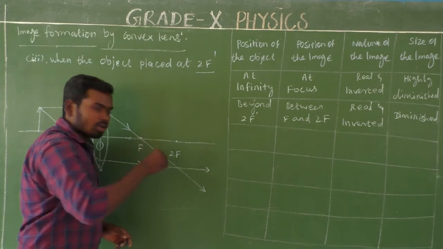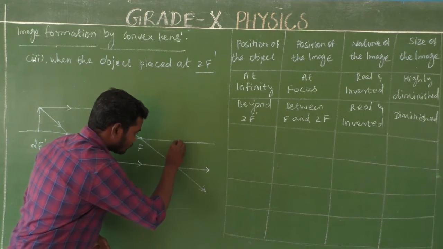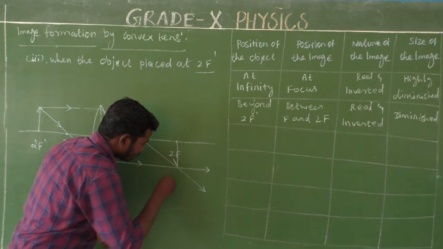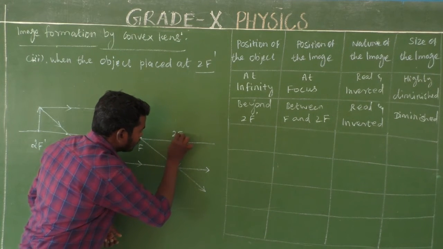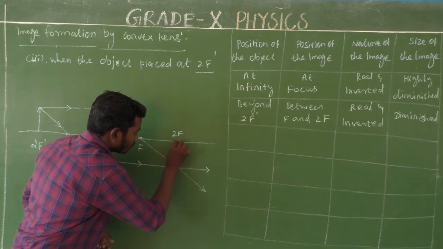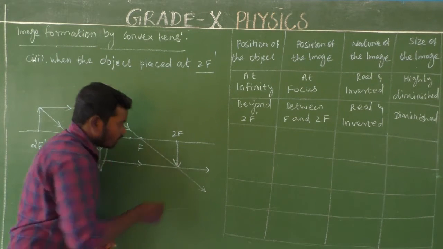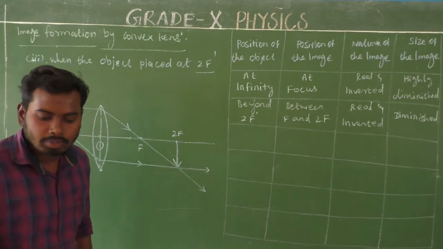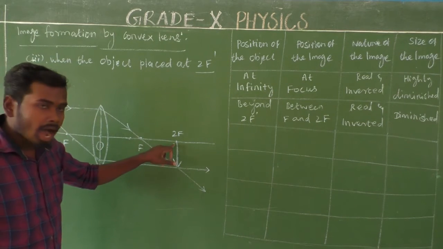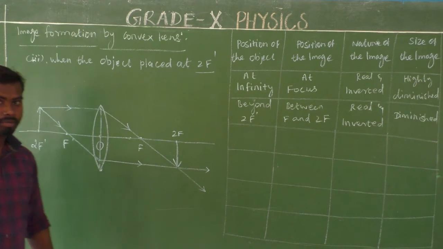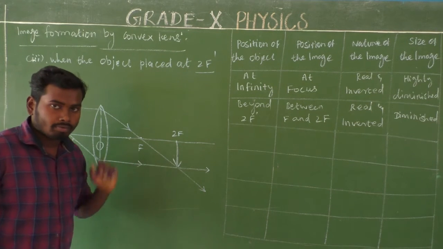Is it clear? Now draw a line like this. This is 2F. So where is the image formed? Here, the image is formed at 2F. Look at here.